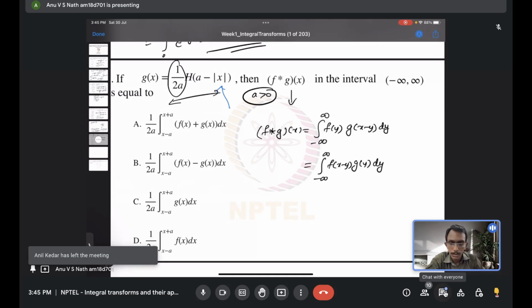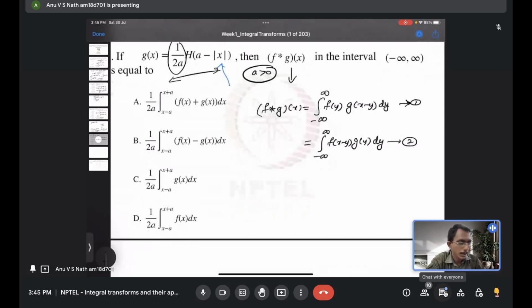I choose the second definition instead of the first one, because here I have a function g of x which looks a little bit complicated with mod x and all. According to the second definition, f is not given, so I will write f of x minus y only.